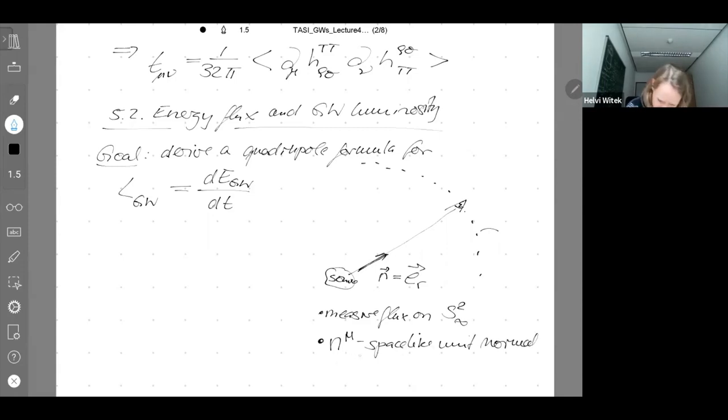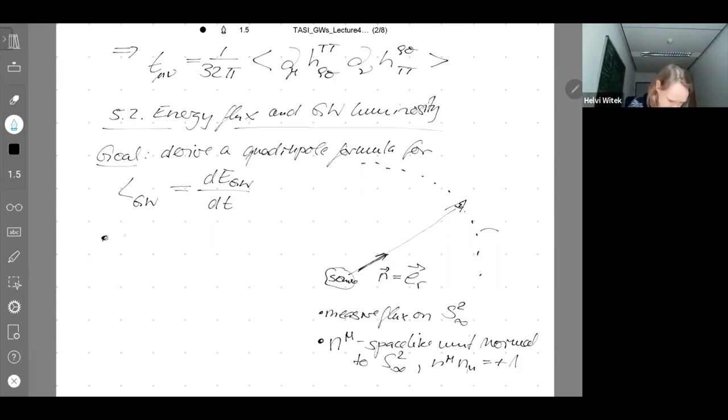It's normal to the sphere that we just introduced, normalized like so, and is aligned, as I said, with a radial basis vector. Okay, so the first thing we need to do is compute the energy flux through that surface at infinity.